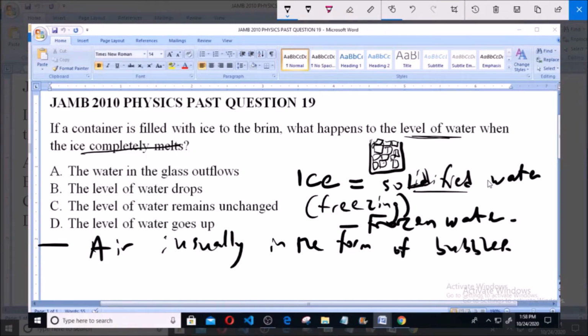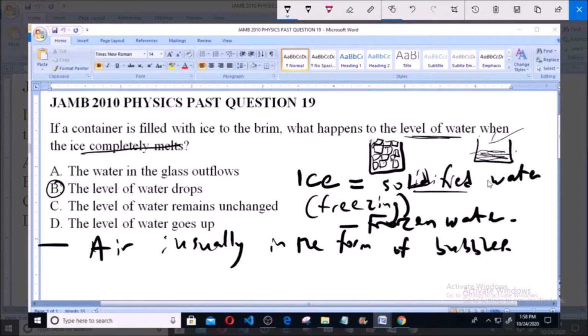What happens when it eventually melts is that the air will be liberated from the container, and what you have is the liquid. Since it's just the liquid you have and not the air anymore, the water level will be lower than what you had when you had it filled to the brim, because the air component has been evolved. So the level of the water drops.